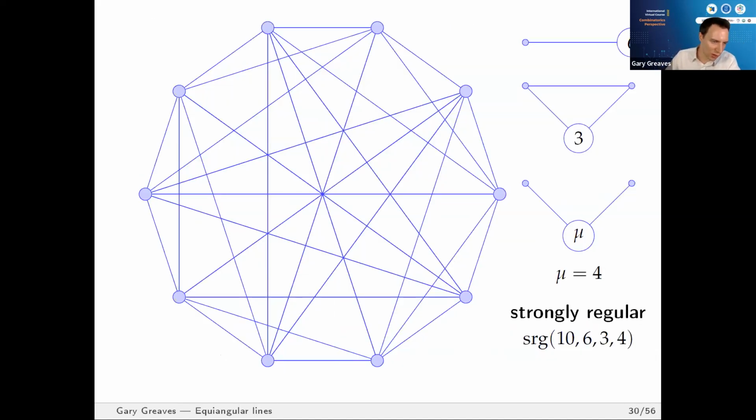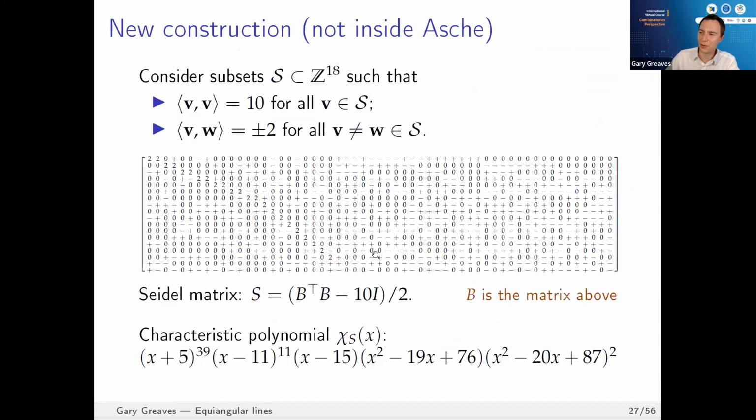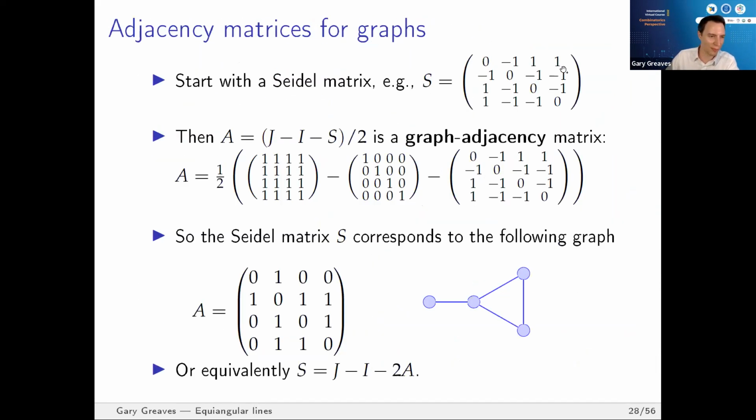Before I move on, I just want to comment on the chat. It says, what if we multiply S with -1? Then I think we still get a matrix. Yes, that's true. Going back to this correspondence, if you multiply S by -1, all the -1s become 1s and all the 1s become -1s, so the graph you get will be the complement of the graph you got with your original S. So you still get a graph.